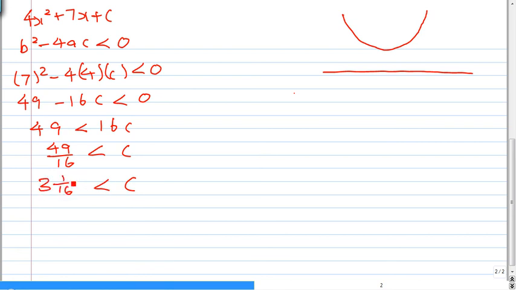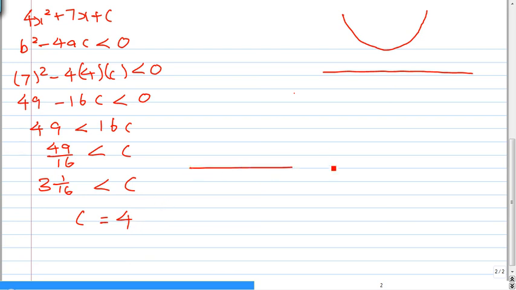Since you want the smallest integer of c, and this is not an integer, you're going to round it up to 4. So c must be at least 4. c is definitely 4, because this is the smallest integer it can possibly be.